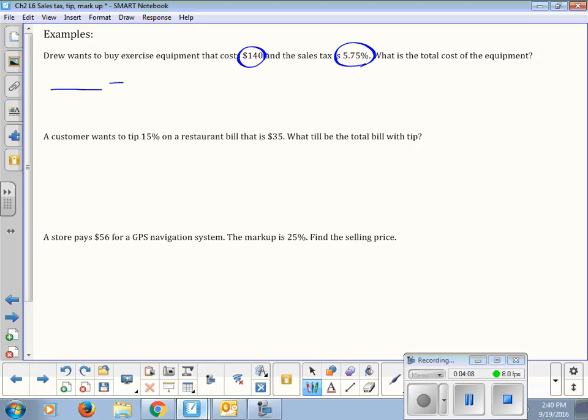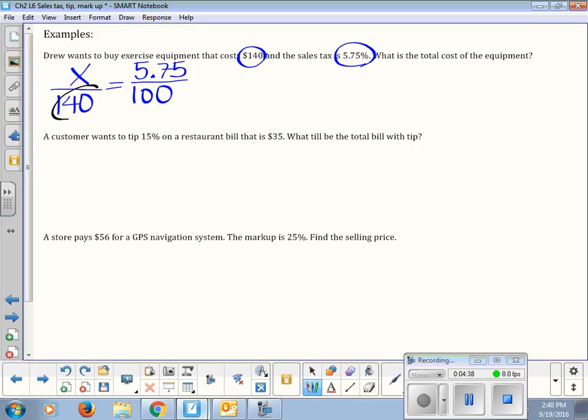So when I set up my proportion, how do I write 5.75% as a fraction? 5.75, and percents are out of 100. And we know that the original price is $140, so would that go in our numerator or denominator? Denominator. And we're not sure what's up here, so we're going to fill that in with an x.